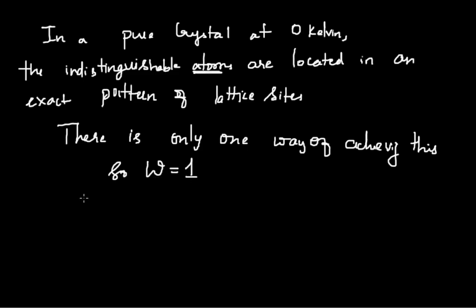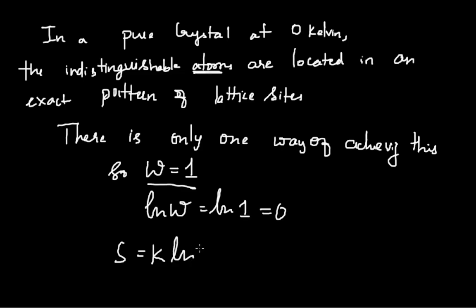Since there is only one way, you cannot have multiple ways of having those many atoms in the exact location. So W becomes 1, ln W is equal to ln 1 is equal to 0, and therefore your entropy, which is k ln W, is 0. So the entropy of a pure crystal at 0 Kelvin is 0. So this is your third law of thermodynamics.